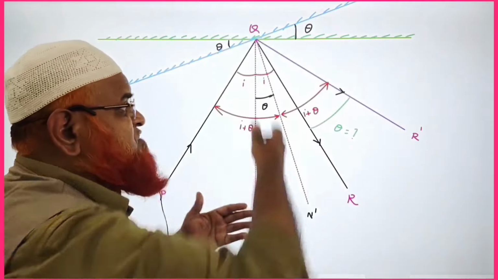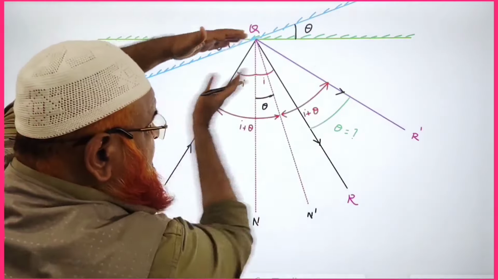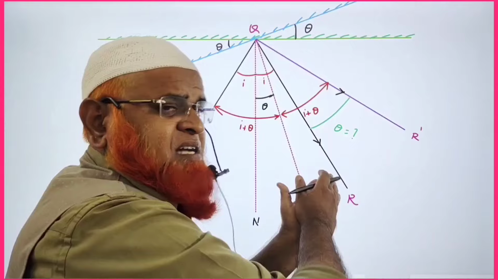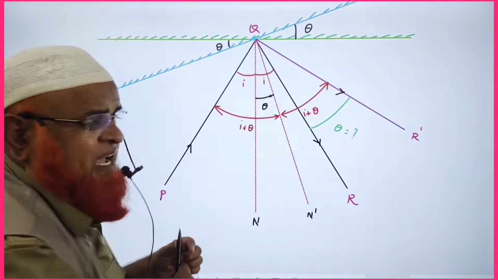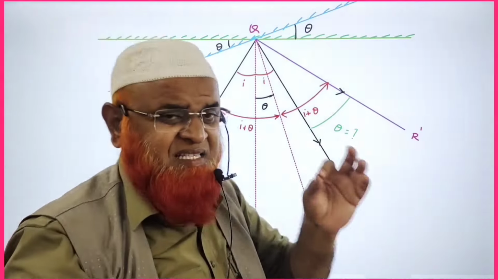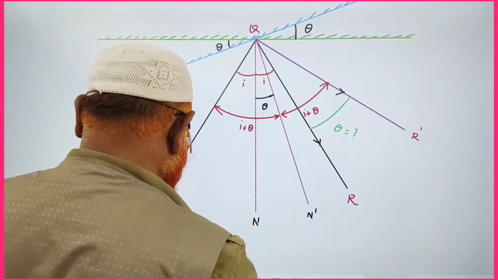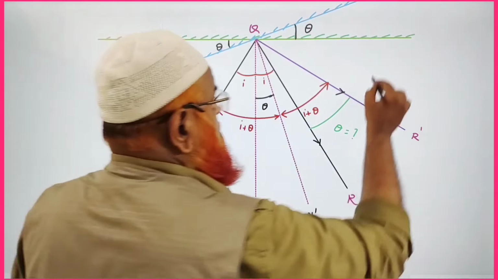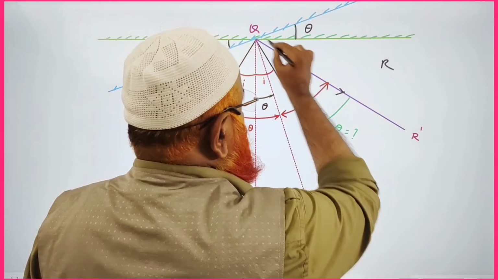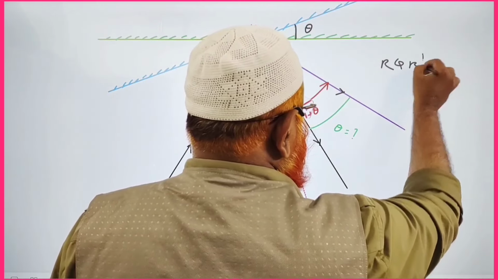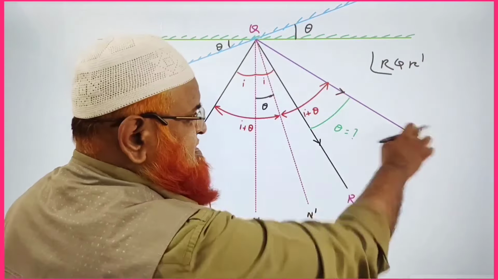The normal has been changed to n dash. When the mirror is tilted, the normal also gets tilted through an angle theta here. And he is asking us to find out this angle R Q R dash.